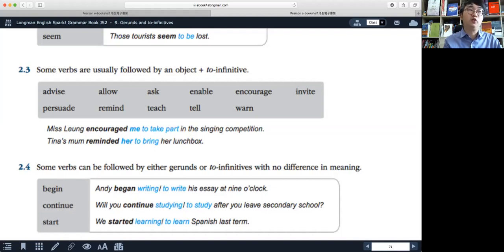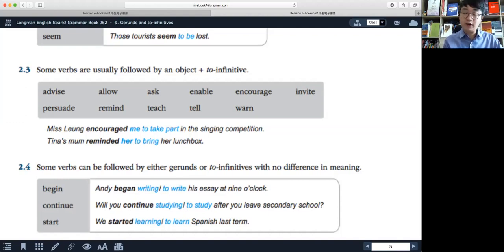It means that after this verb, for example, let's look at this sentence. Miss Learn encouraged me. Me here is an object, the object of encourage. Encourage me to take part or to participate in the singing competition.